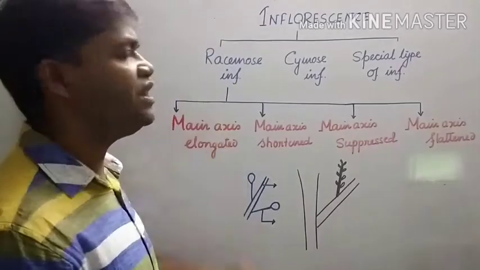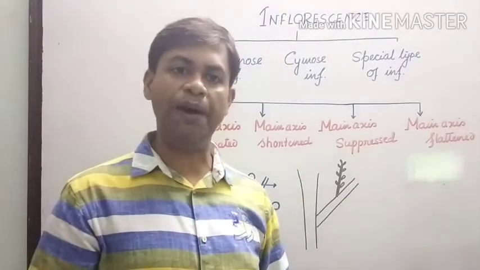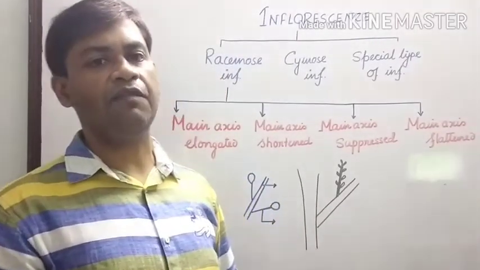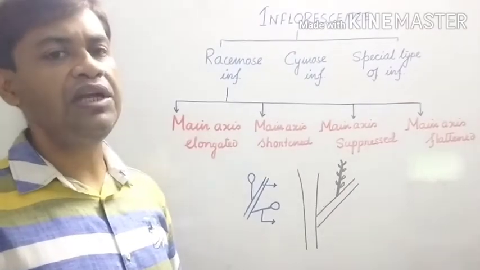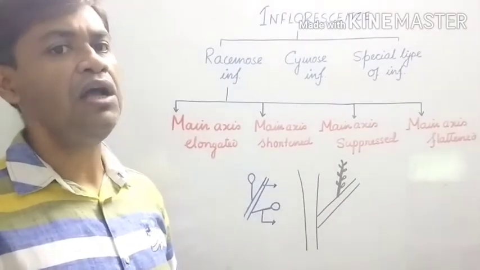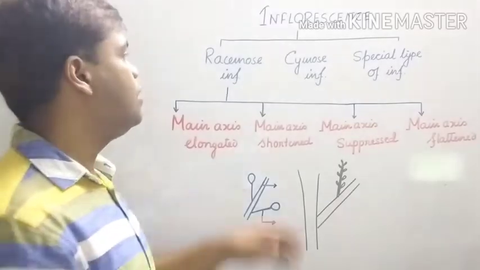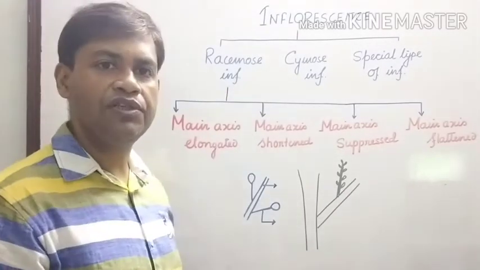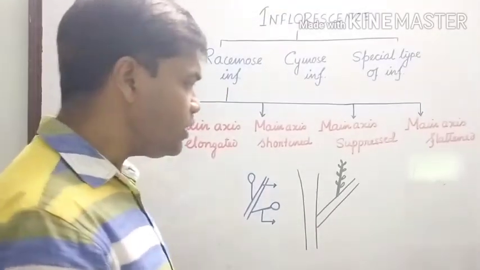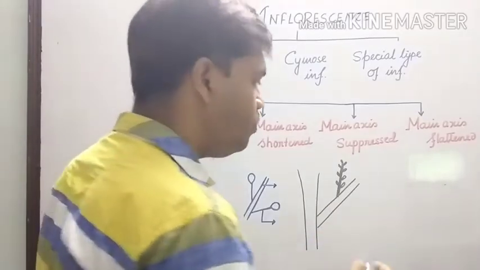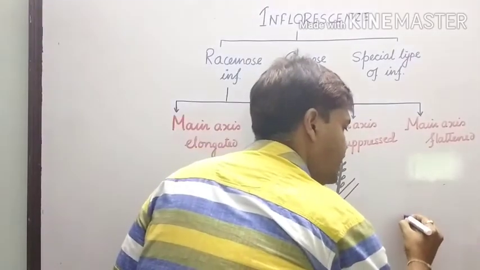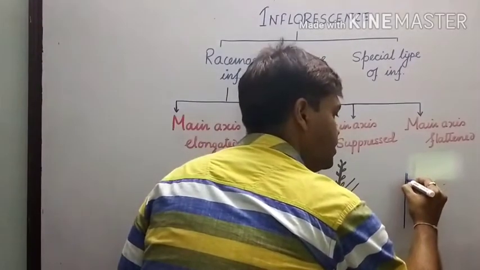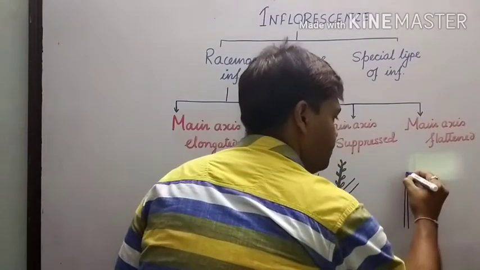So first to start with the racemose inflorescence. Okay, খুব ভালোভাবে বুঝো what is meant by the racemose inflorescence, because it is also divided into different types. Is it clear? So আমরা যদি আজকে racemose inflorescence এর কথা বলি প্রথম, so ভালোভাবে বুঝো racemose inflorescence. Okay, এই দেখো, মনে করো this is the racemose inflorescence.